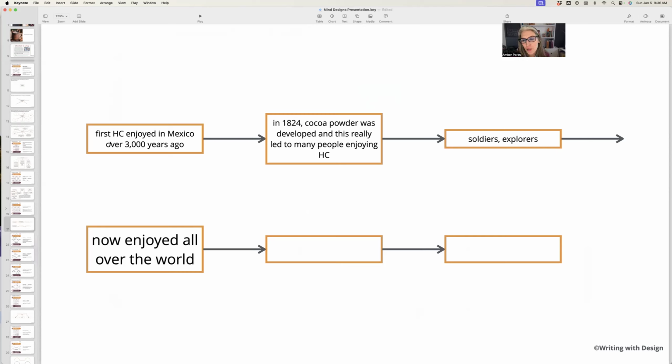Some of those people who enjoyed it were soldiers who were fighting in war, or even explorers who traveled all the way to the South Pole. This was a drink that people enjoyed, especially when it was cold. And now it has continued to grow in popularity, and it's a drink that is enjoyed all over the world.